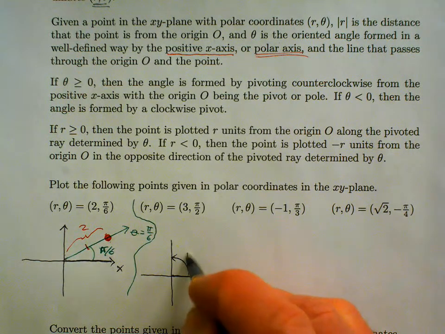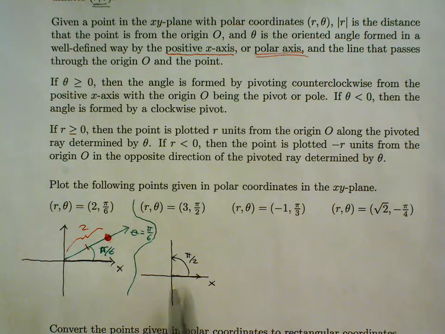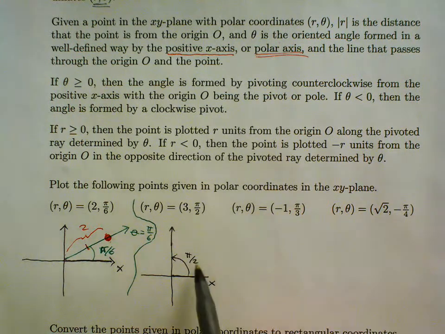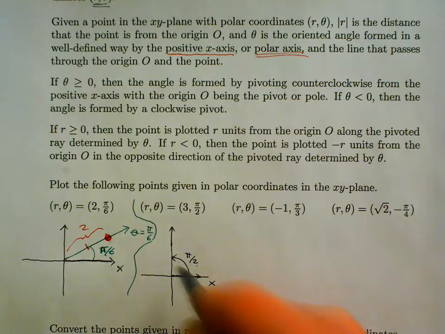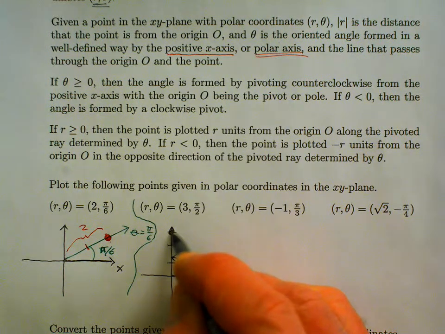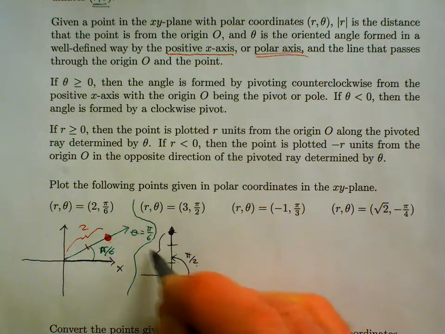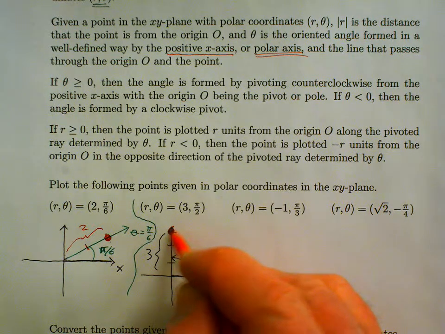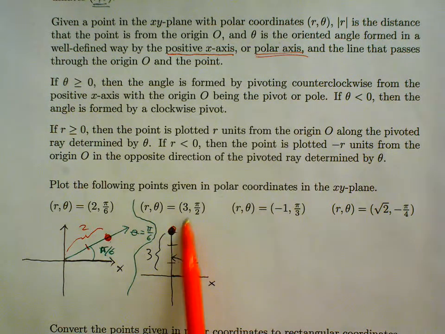So that's pi/2. And then from the origin, we measure 3 units in the direction of theta equals pi/2. So 3 units. Okay, so this point has polar coordinates (3, pi/2).